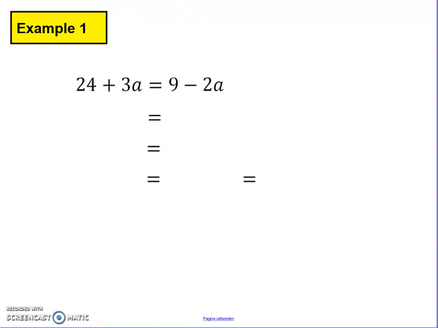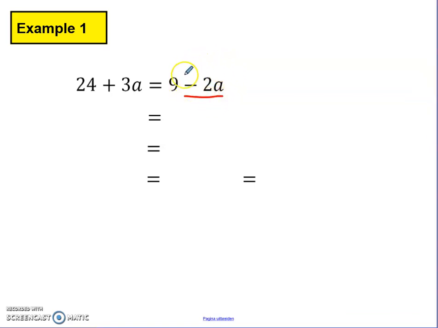I have already told you that it's really important that you really look at what you want to happen. And now we also see we have a minus. So suppose I want to remove minus 2a. I really want him to go away. What you need to think is, what can I do?